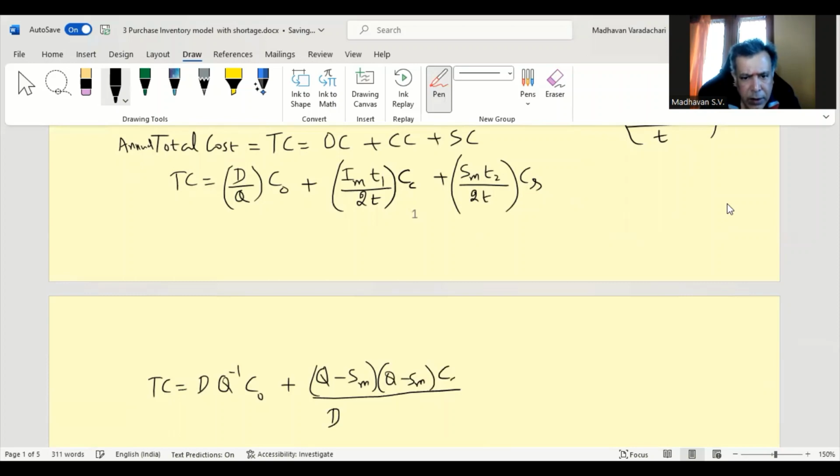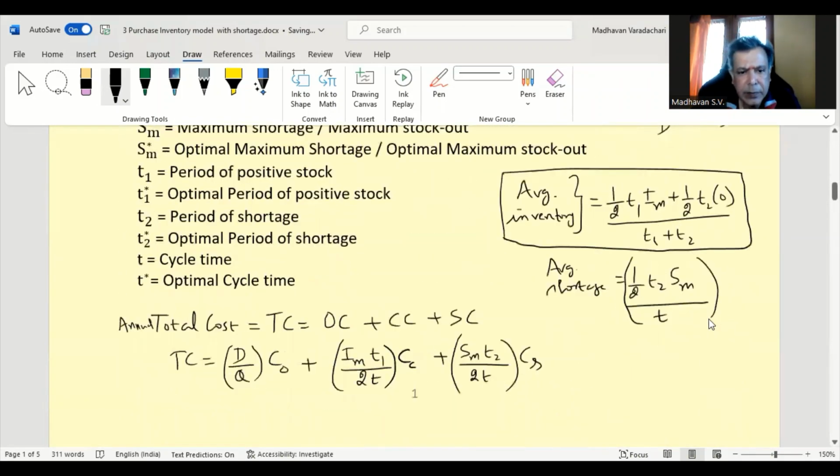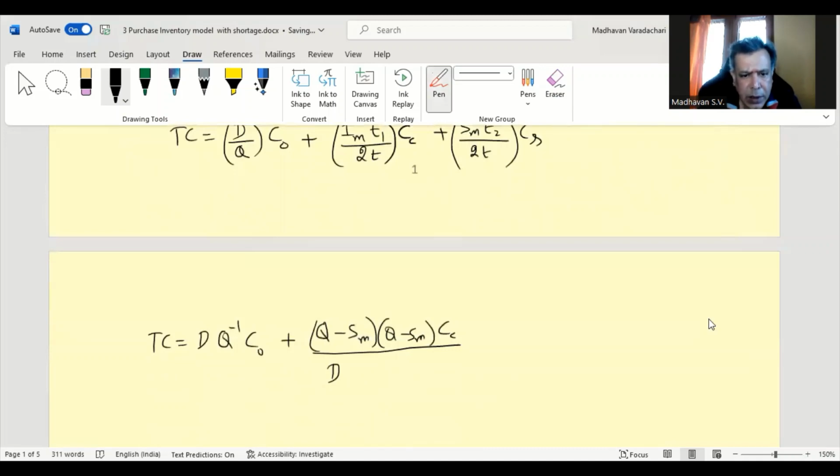Here we have that carrying cost 2 times T. What is T? T is Q by D. So it is 2 times Q by D. In this, D and this D gets cancelled. So you will have only that 2Q. Similarly, the next one, SM will be written as it is SM.